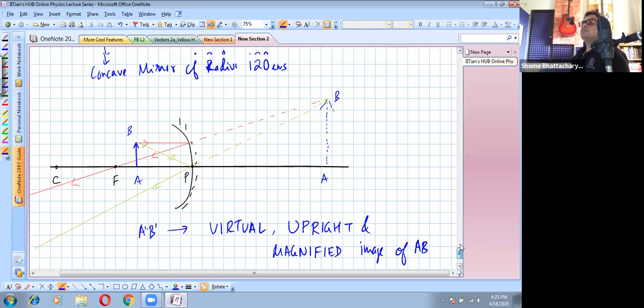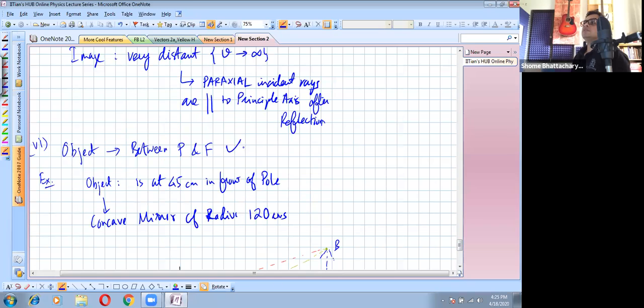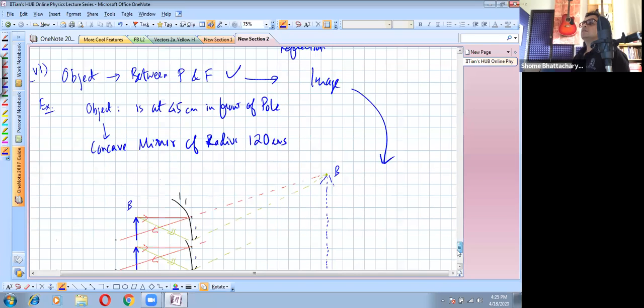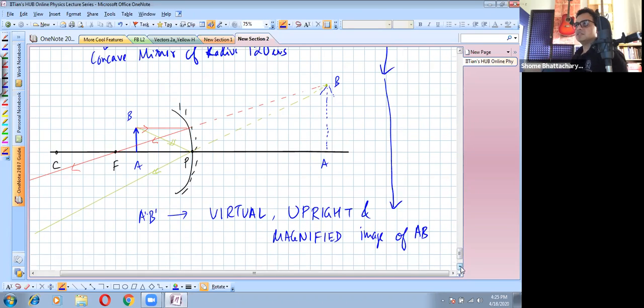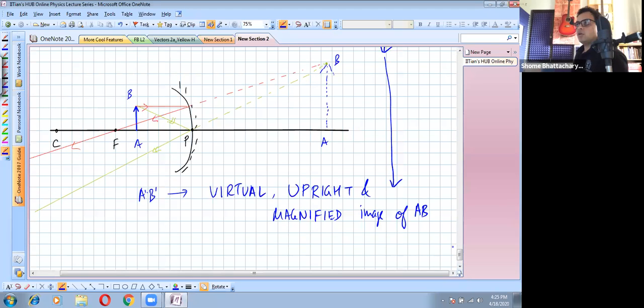So that becomes a property of the image whenever we have this kind of situation. When we have this kind of situation, our image has this property below which I've written. It is always like this. Virtual, upright and magnified.